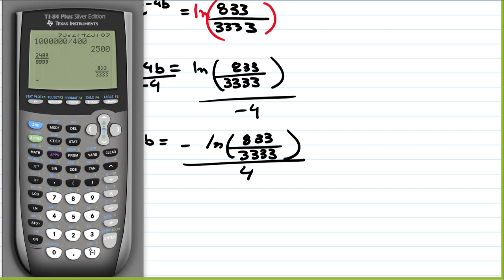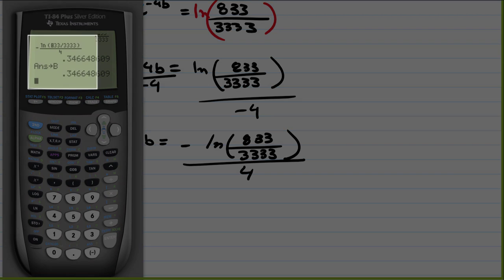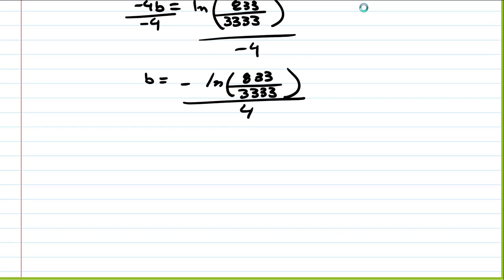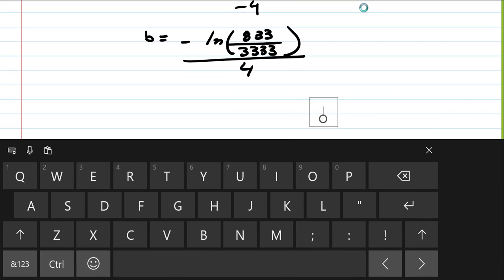So we have the negative of the natural logarithm of 833 over 3,333 over 4. And we get this value. And I'm going to store that in my calculator as b. Well, that completes step 2, solving for our growth rate.